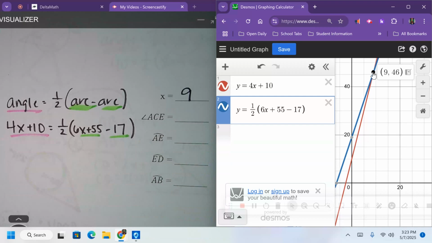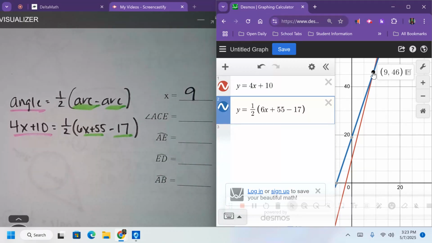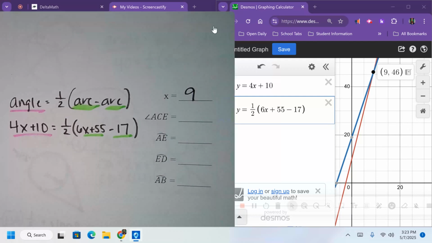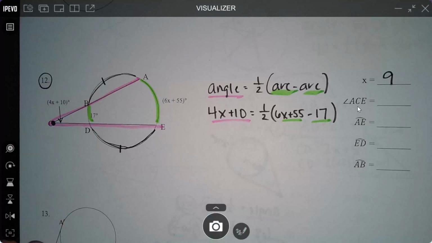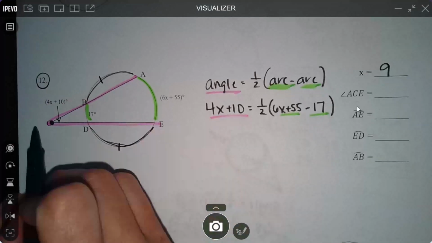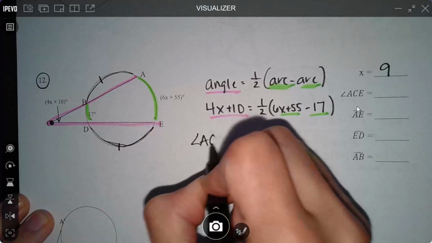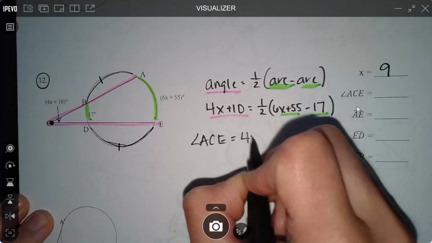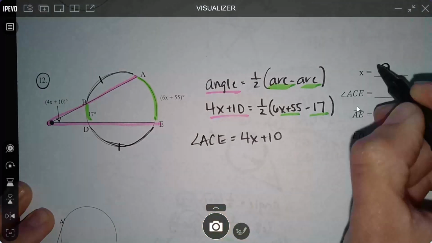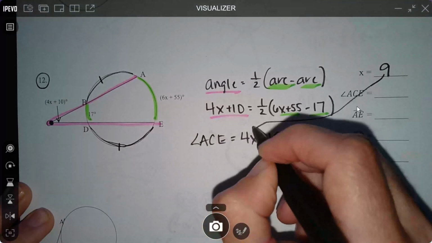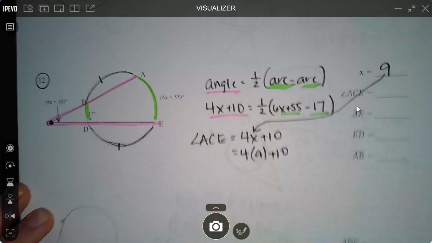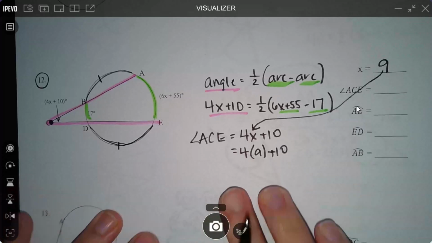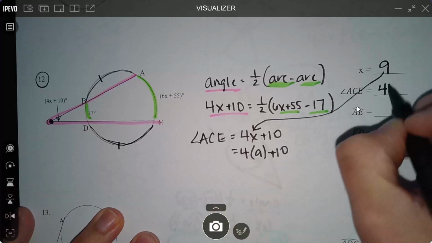Now notice they ask you to find several other things. Let's go back here and do a little bit of math. If they want angle ACE, that's this pink angle. Angle ACE is 4x plus 10, so we've got to plug in that 9. 4 times 9 plus 10, which is 36 plus 10, so you should get 46.